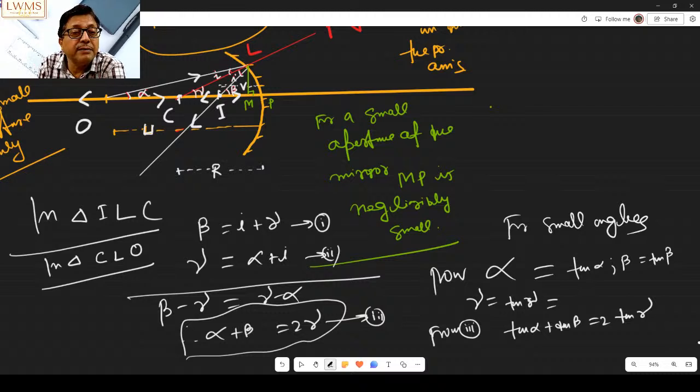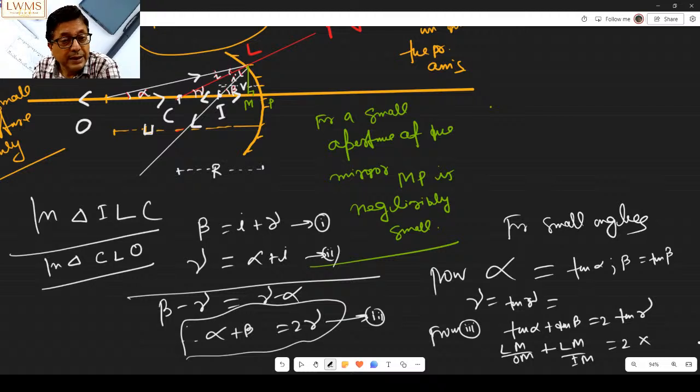You can see in the diagram it is LM by OM. Tan beta is LM by IM. And tan gamma is LM by MC.